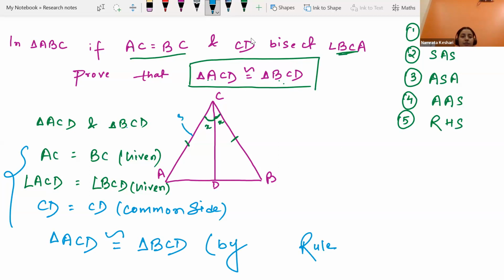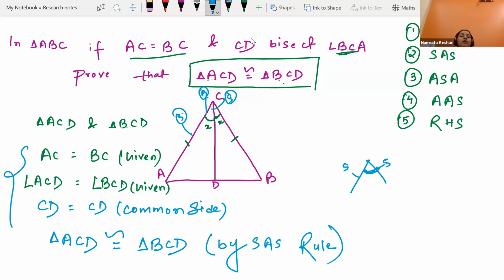Yes, it is SAS. This side we have used, this angle we have used, and this side we have used. Side, then angle, then side. This angle is included between these two sides. In between this side and this side, the angle is included, and hence side, angle, side.